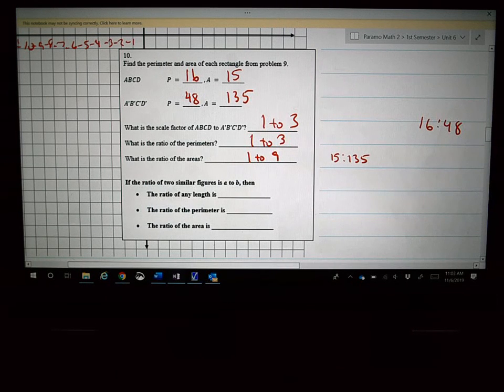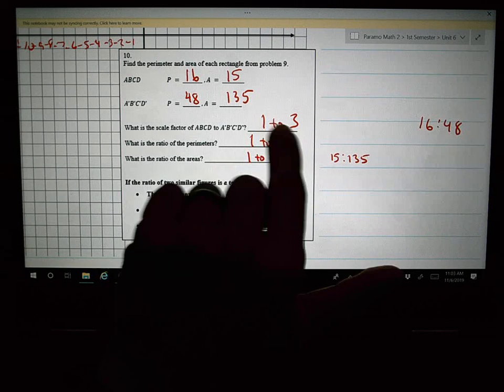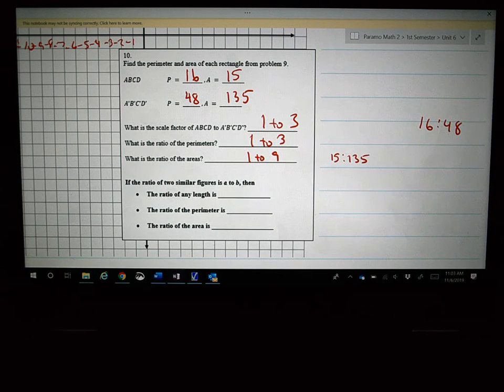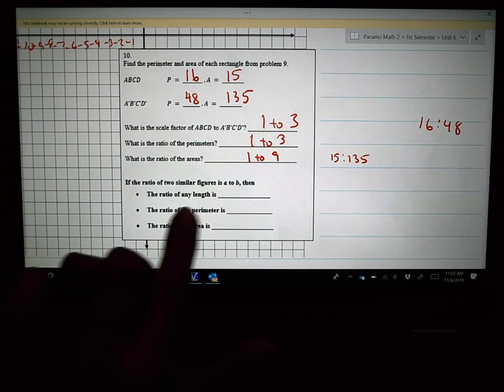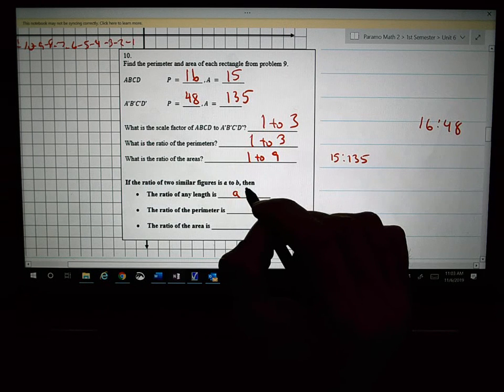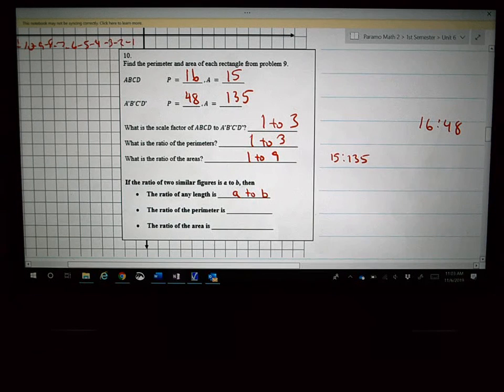Those aren't the hard questions. The hard questions are when they say, well, what if we replace the 1 to 3 and we replace that 1 with an A and the 3 with the B? The ratio of any length would be A to B. You could use colons too.